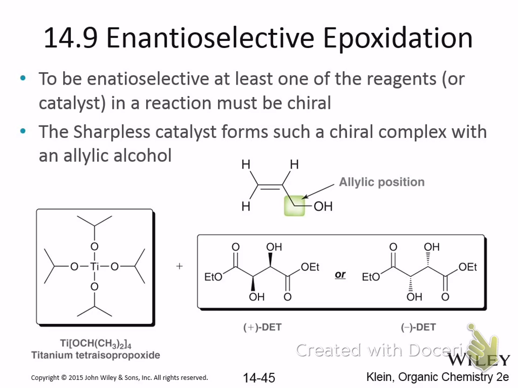And here's the thing. If you want to favor epoxidation on one side versus the other side, then the thing that does the epoxidation has to be asymmetric as well. You have to have a chiral reagent to produce a chiral result.